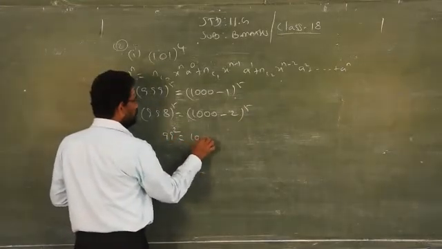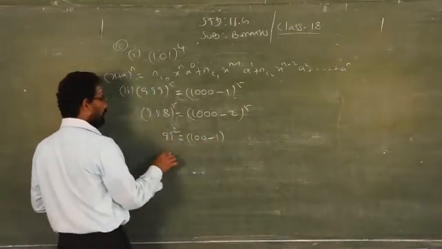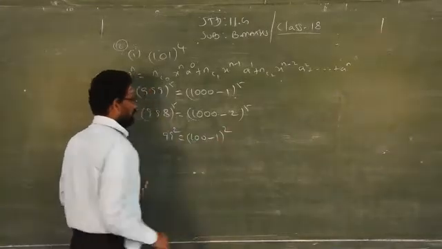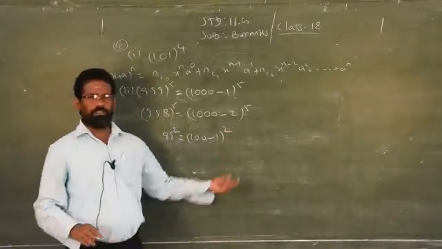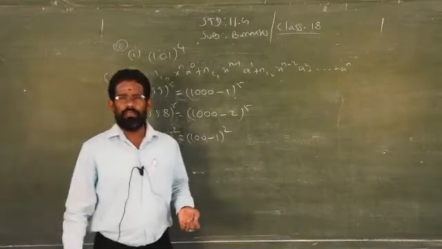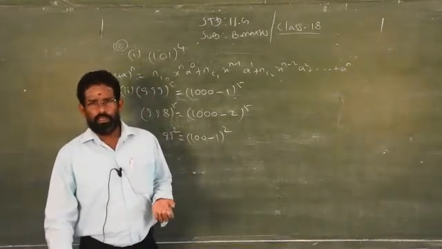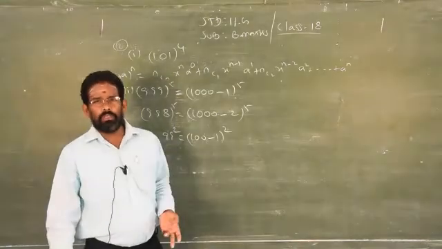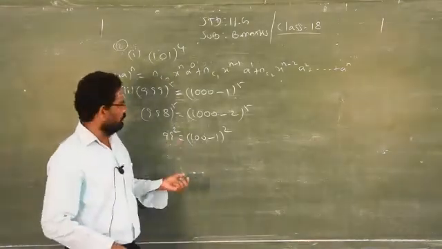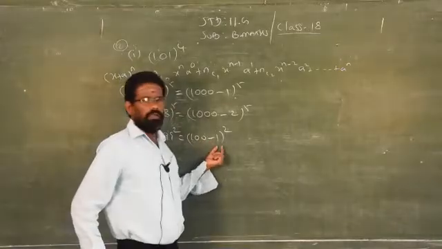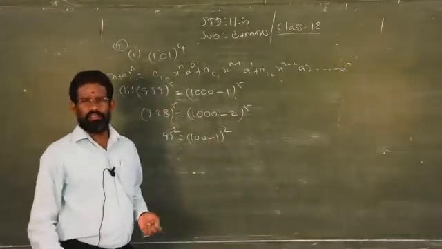So you are asked to express 99 as 100 minus 1 the whole square. So this is the a minus b the whole square formula. That you know very well. That is one identity, a minus b the whole square is equal to a square plus b square minus 2ab. You know that identity, there you replace a by 100 and b by 1. You find the answer. Clear?